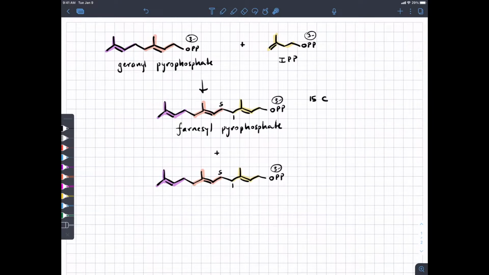Now, in principle, you could imagine to get to 30 carbons, you just tack on 3 additional isoprene units via this conventional approach where with each bond that we form, carbon 5 of one subunit is attached to carbon 1 of the other.